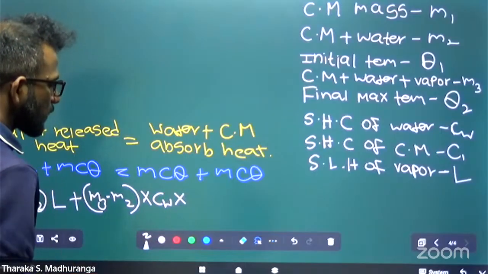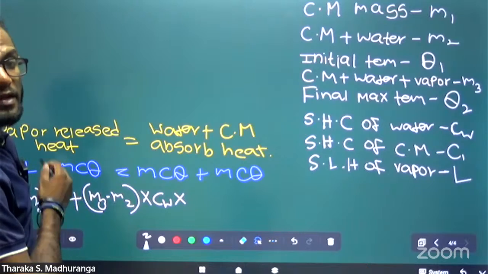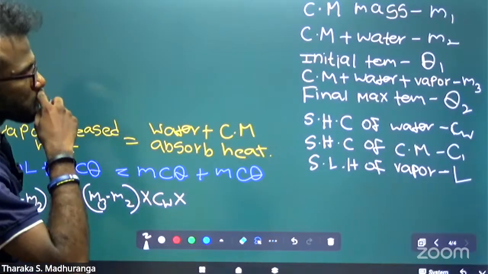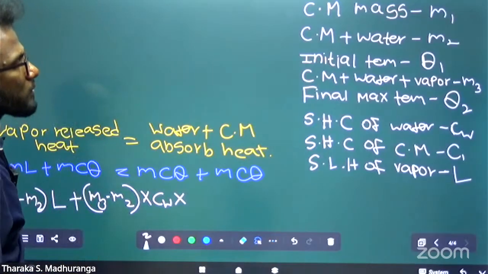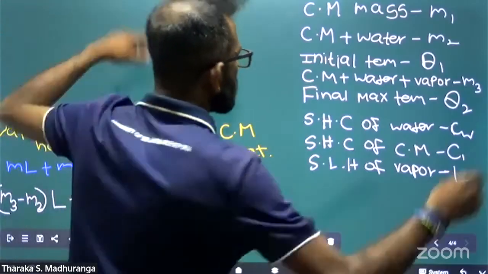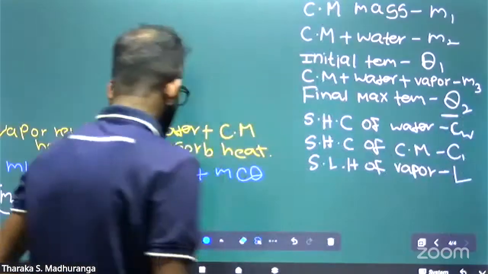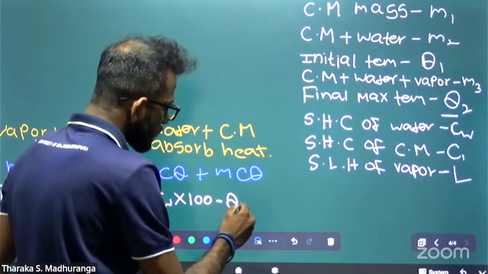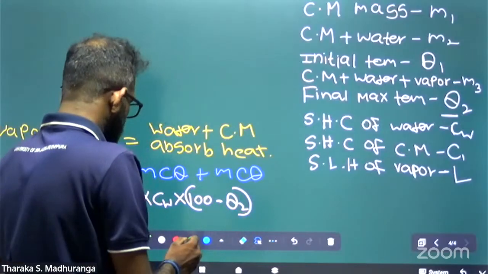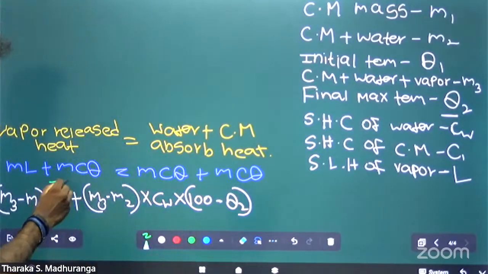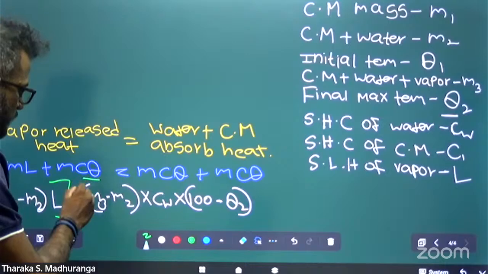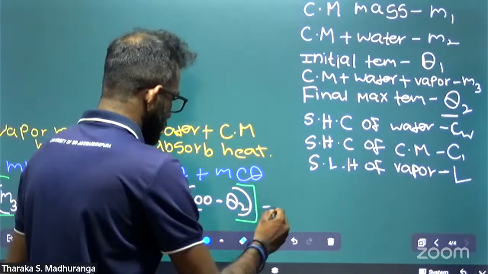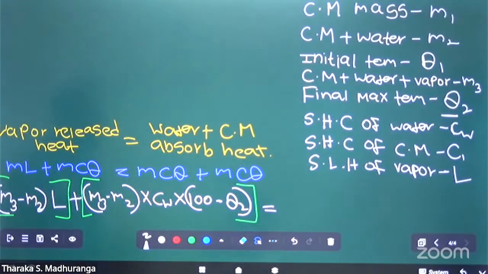Temperature difference: it vaporizes at 100 Celsius, so 100 minus the final maximum temperature, theta 2. Then 100 minus theta 2.